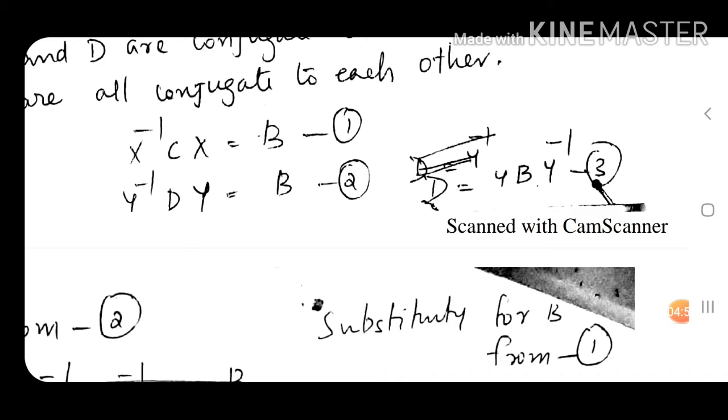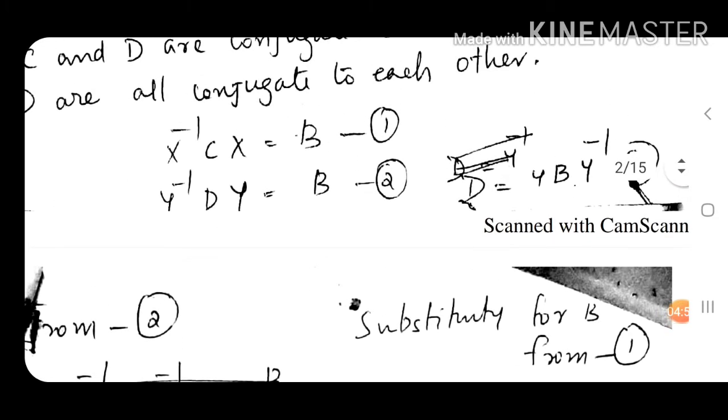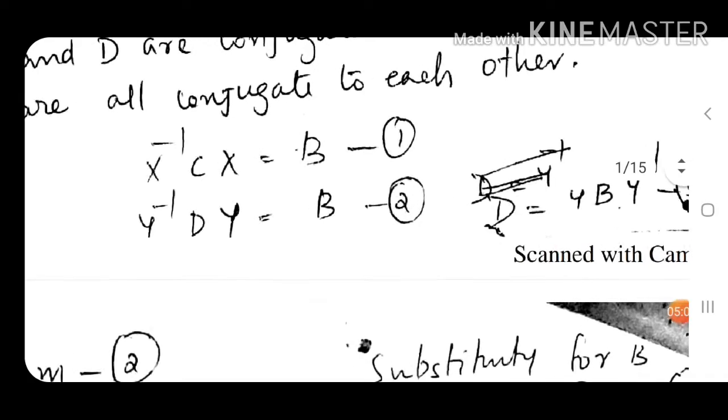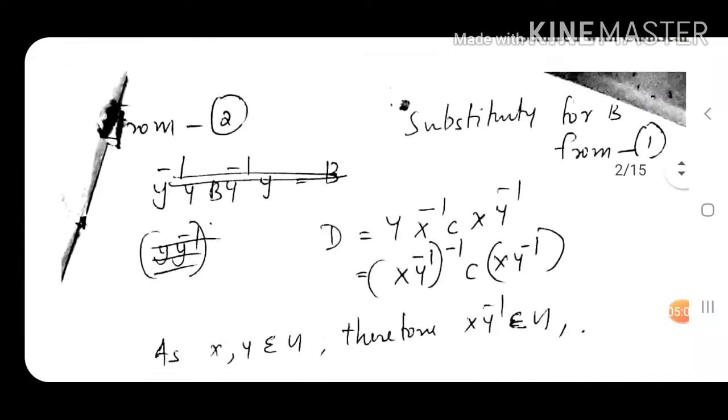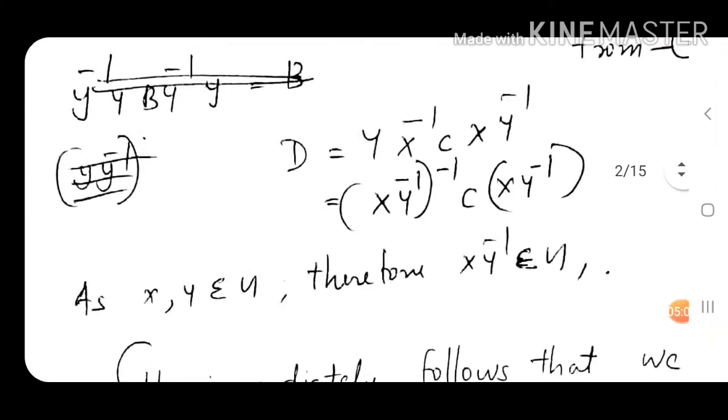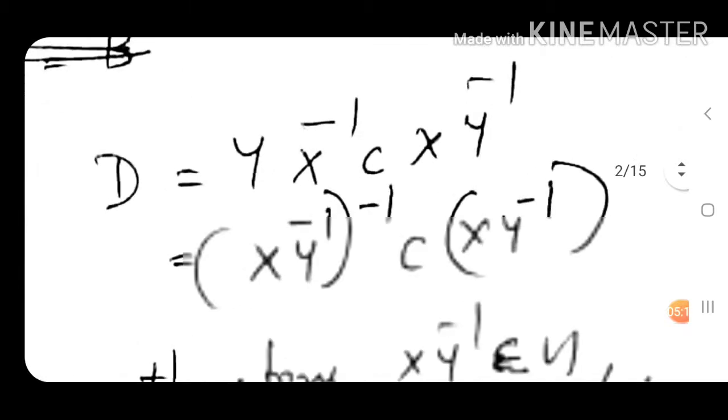Now what we do is, for B, I am giving x inverse Cx. I get it from 1. That is substituted here. So D is equal to y x inverse C x y inverse. For B I have substituted from 1. And this y x inverse can be written as (x y inverse) inverse.